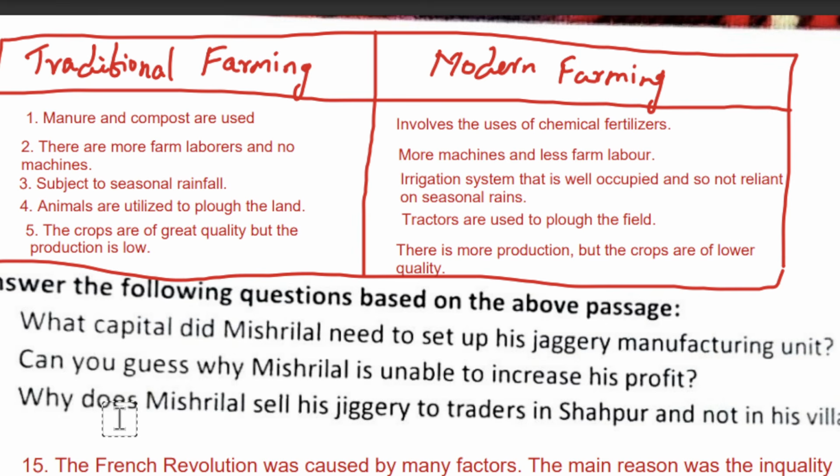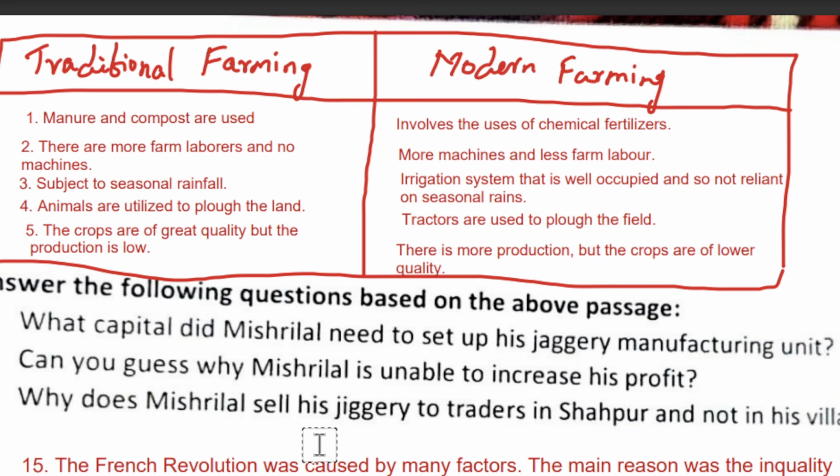He can meet many merchants and traders there, so that they can buy the jaggery in bulk, not one or two pieces but in kgs, so that he will profit. So you will get more profit. That's the reason he went and sold all the jaggery in Shahpur.